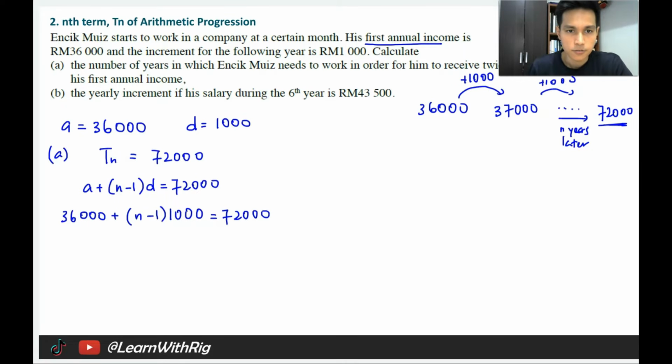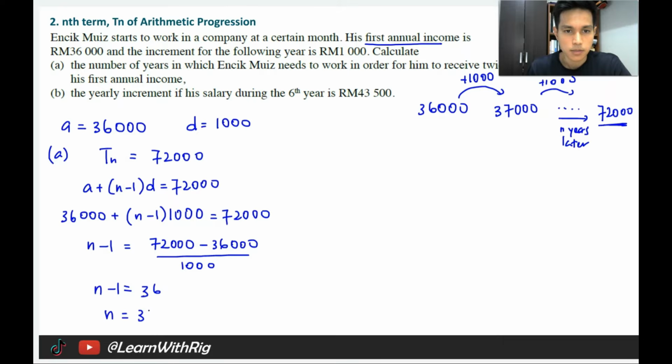So if I shift, n minus 1 should be equals to 72,000 minus 36,000 divided by 1,000. So n minus 1 should be equals to 36. So n is equals to 36 plus 1, 37. So he has to wait 37 years for him to achieve an annual income of 72,000, which is double the amount he's receiving right now.